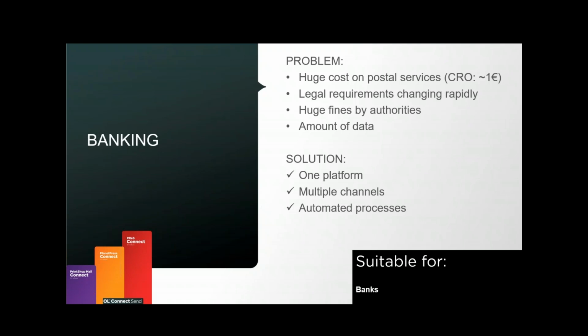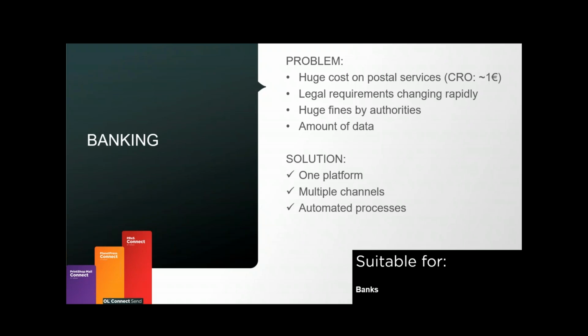I have the information that the third bank in Croatia, although it is rather old information, is using 13 master data databases for their customers. So now imagine if you want to change the address in all 13 of them, how much effort that's going to take.